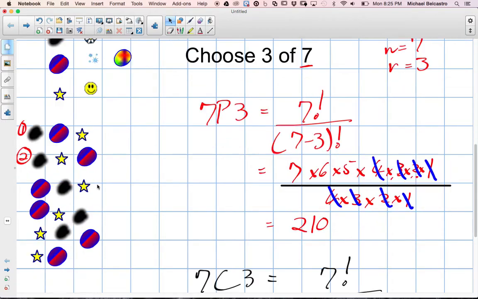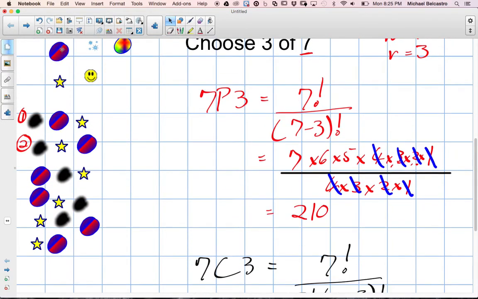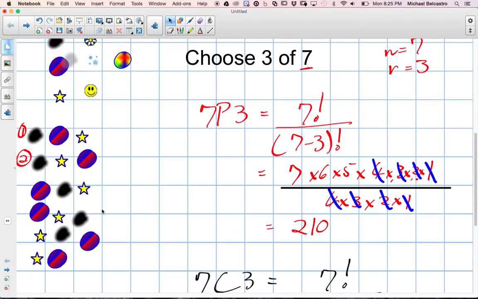Okay, did that one show up? Oh, I don't think it quite did. Okay, black. Okay, so if we quickly count here, 2, 3, 4, 5, and 6.